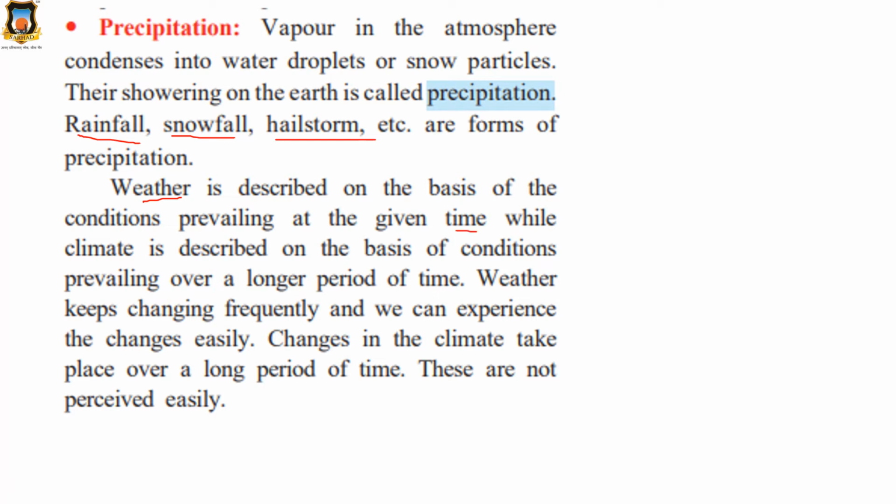What is the weather at your place? And climate is the condition prevailing over a longer period, one, two, three months, for a year. How is the climate? That is called climate. And weather is at present. Now I am asking you.